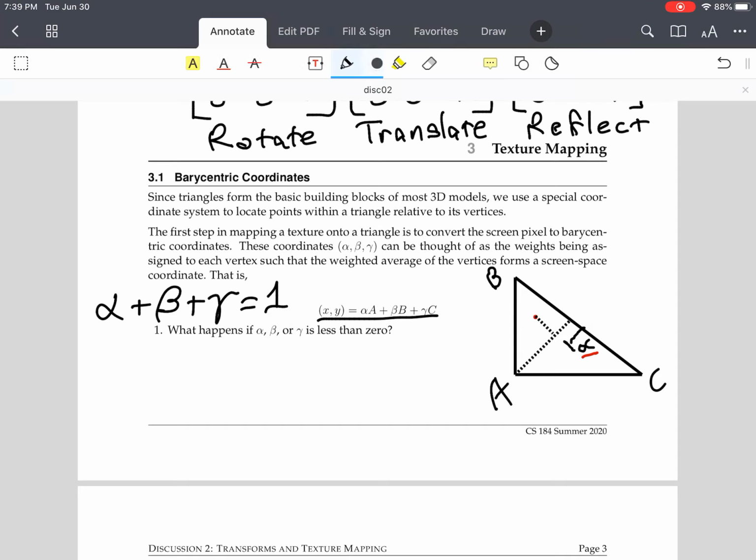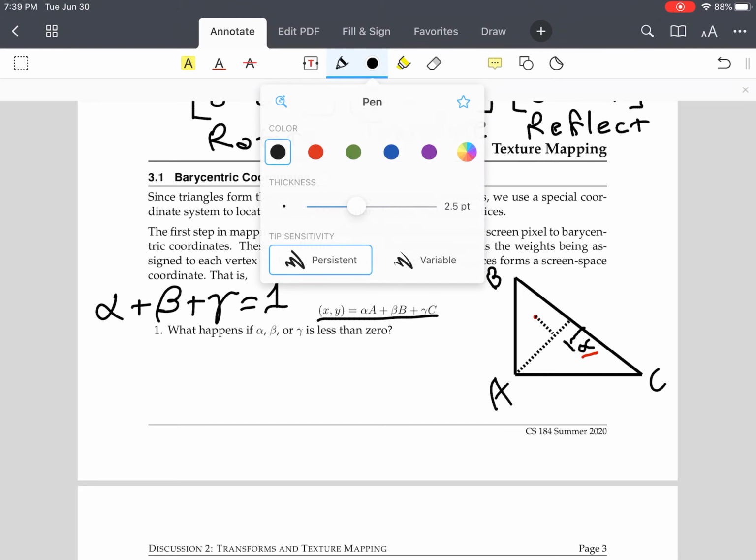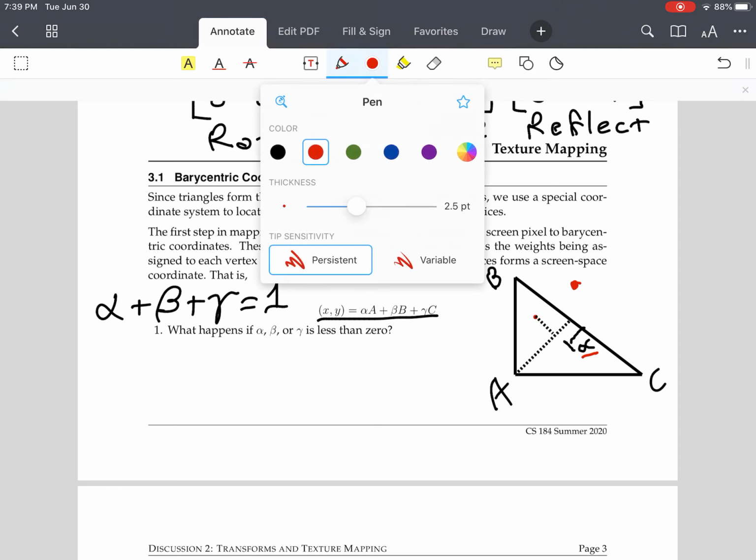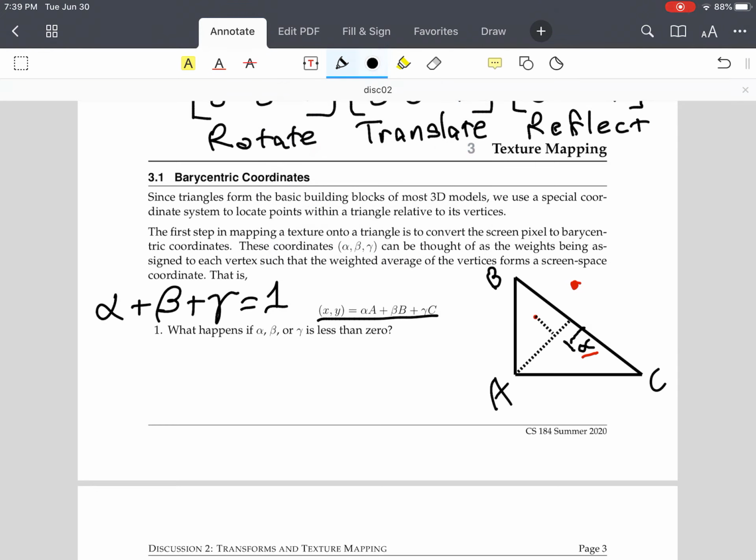And the answer is, well, what if this point was instead here? Then if we do the same exact calculations we just did, right? We could drop that down. This would come out here.